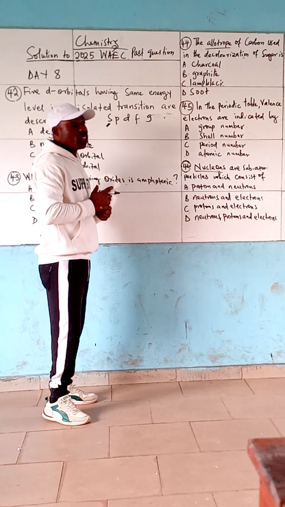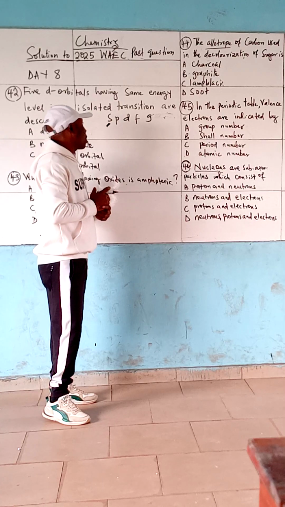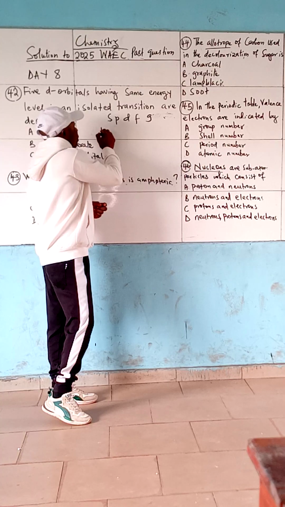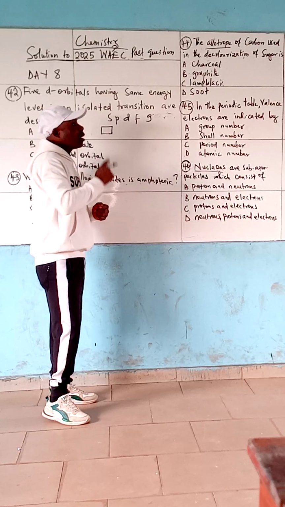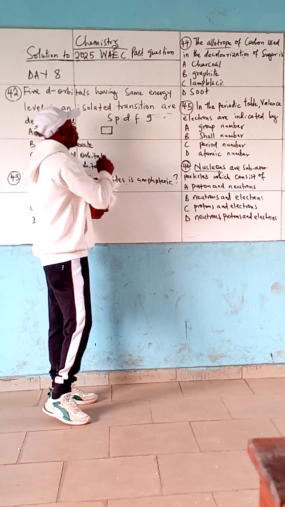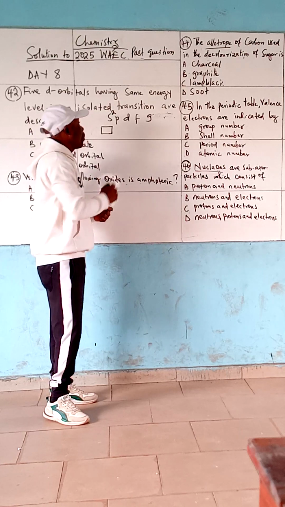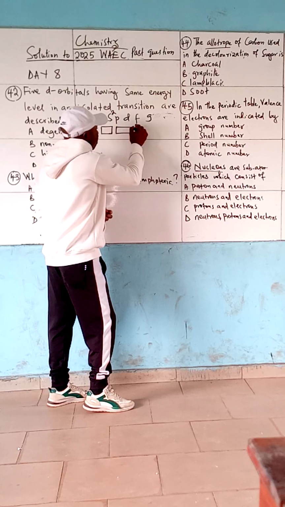Of course, research is still in progress to discover their exact shape. Then S orbital is 1 in number, and can accept a maximum of 2 electrons. P orbital is divided into 3 degenerates.